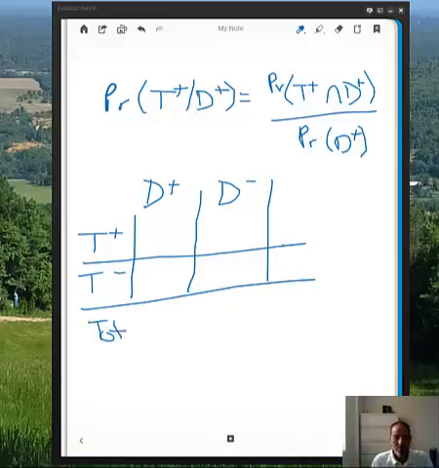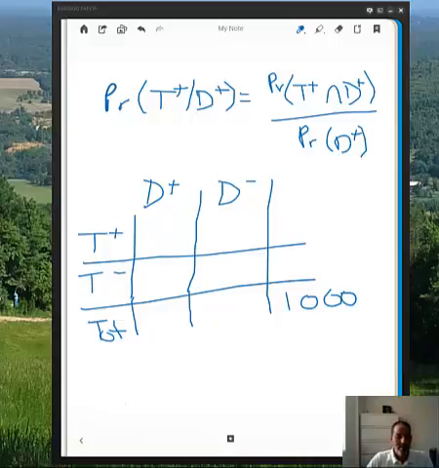One thing we know is that we have 1,000 individuals, because that's what we were told with the problem. And let's see what else we were told. We were told that the prevalence rate here is 9.1%.